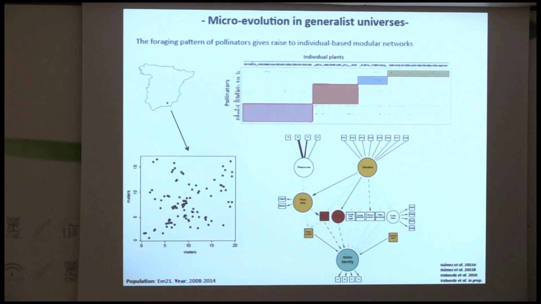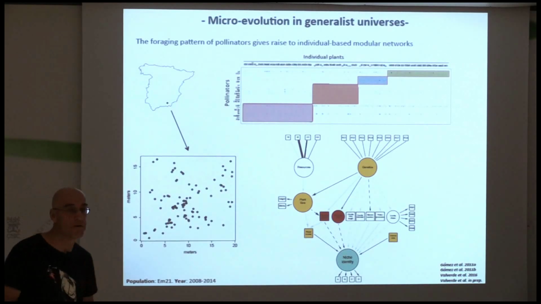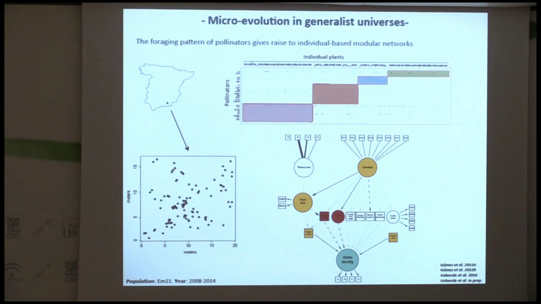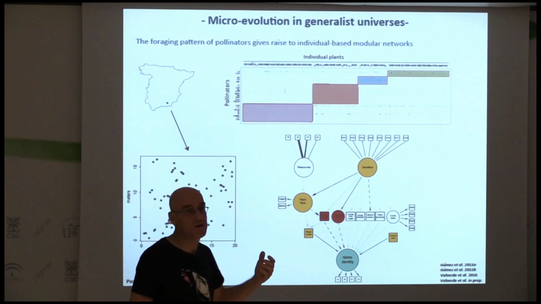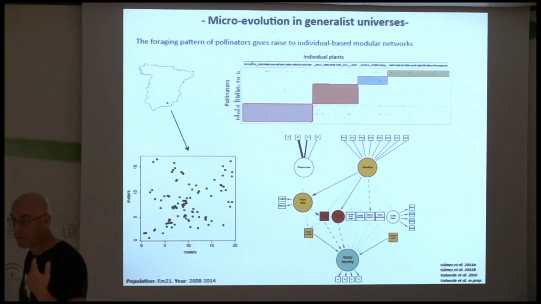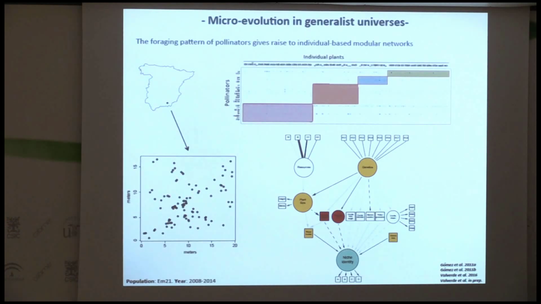And what is important is that the identity of the niche each plant belongs to is related with many different plant traits: the type of flower, the size of the flower, the shape, the color, and other phenotypic traits that a plant is displaying are related with which niche it belongs to.